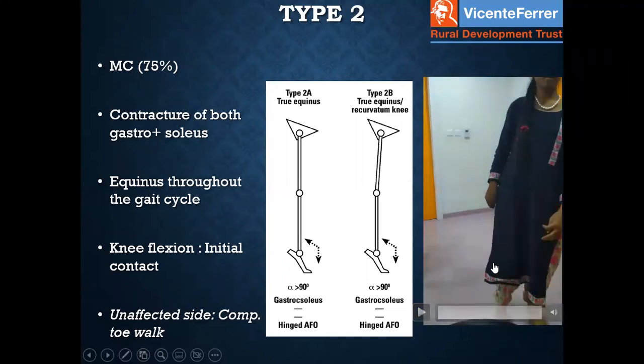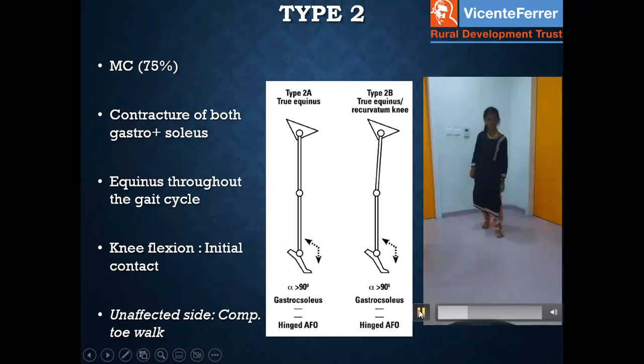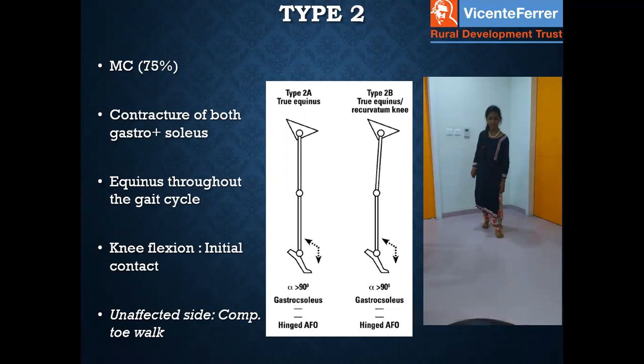Here we are not able to see the knee joint, but in the mid stance phase, and this is terminal stance, almost pre-swing phase, before that the knee was in extension only. So in the mid stance and terminal stance, the knee was in extension, meaning it doesn't have any hamstring contraction.